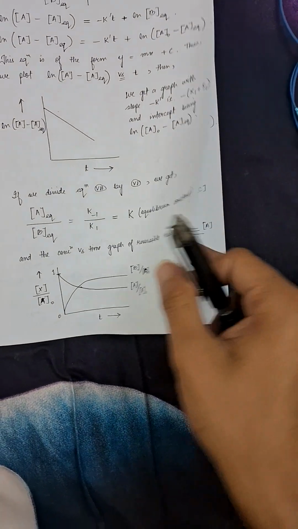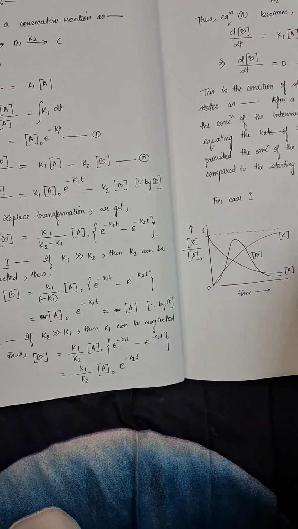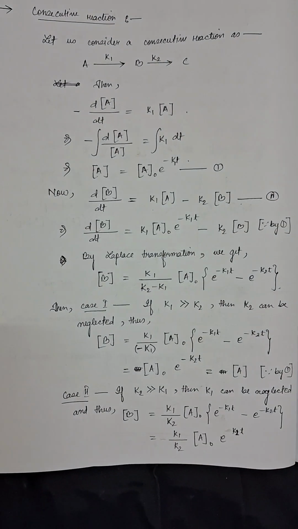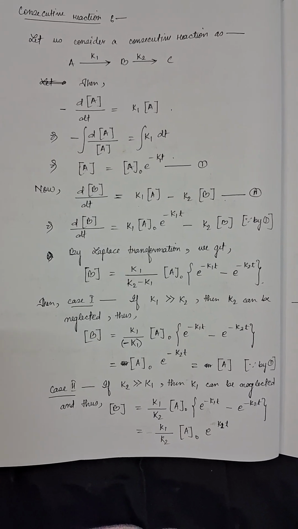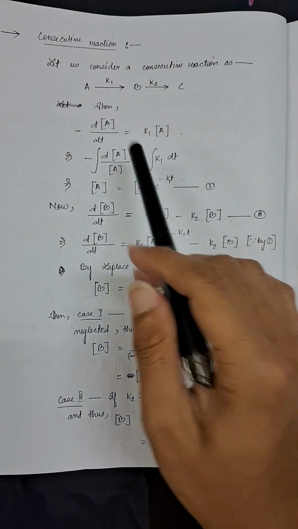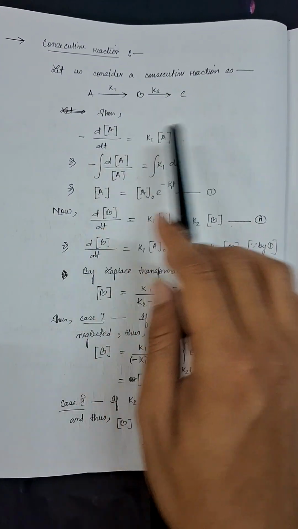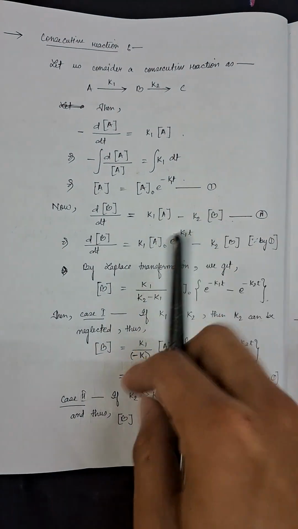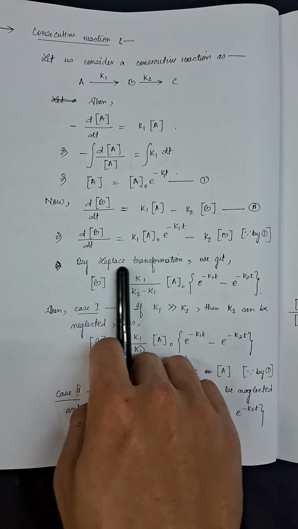That's for equilibrium reactions. And then next we have the consecutive reaction, this is the most important one. In consecutive reaction, I'll send you a PDF also for this one. The first part is the integrated rate law part, after which I write Laplace transformation.